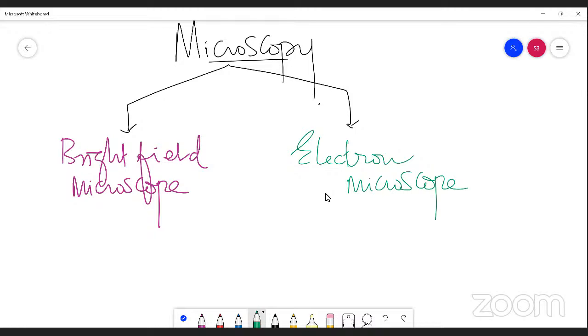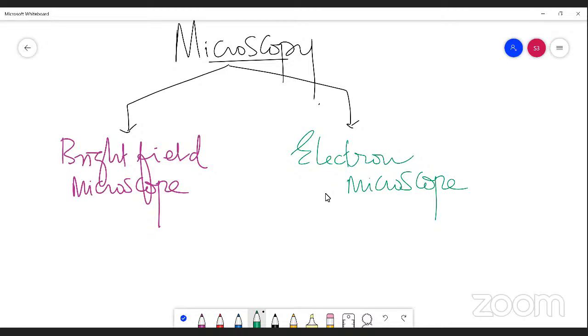Whereas an electron microscope is a kind of microscope in which electrons are utilized for seeing an image when we place it under the microscope. That is called an electron microscope.